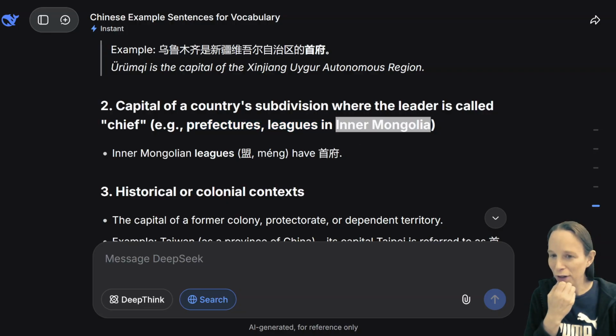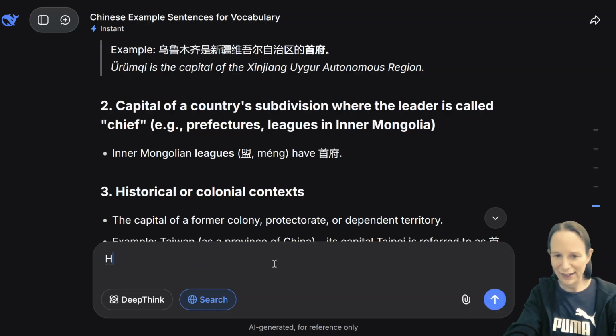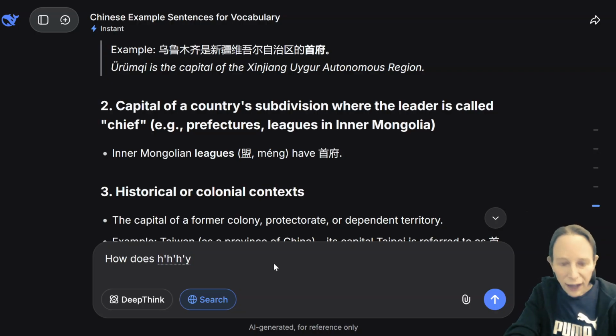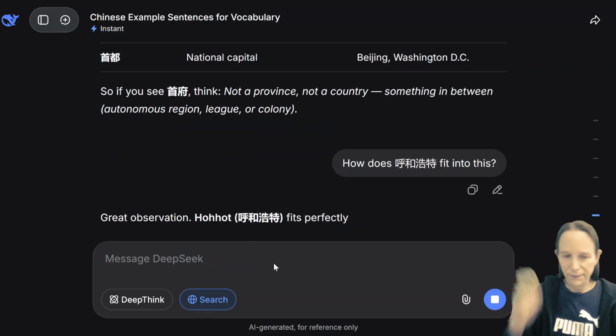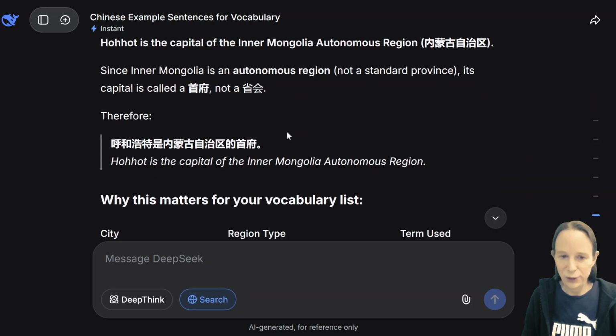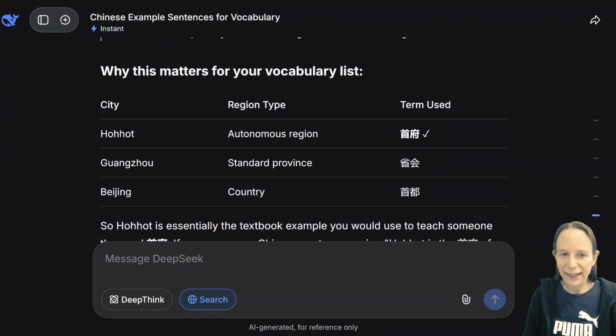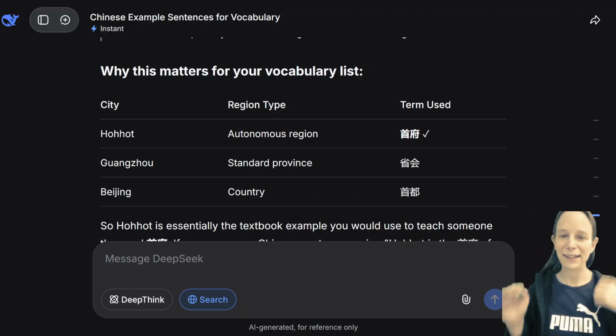What is it called? Hohhot. Okay, how does Hohhot fit into this? Okay, this is Shoufu. 呼和浩特是内蒙古自治区的首府. Yeah, I've been there too. I think I live streamed from there. I'm pretty sure I live streamed from Hohhot.